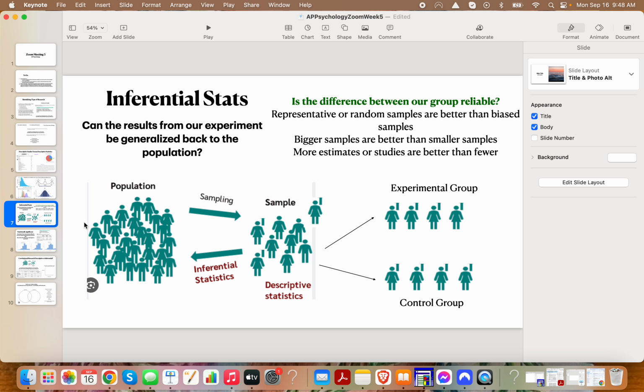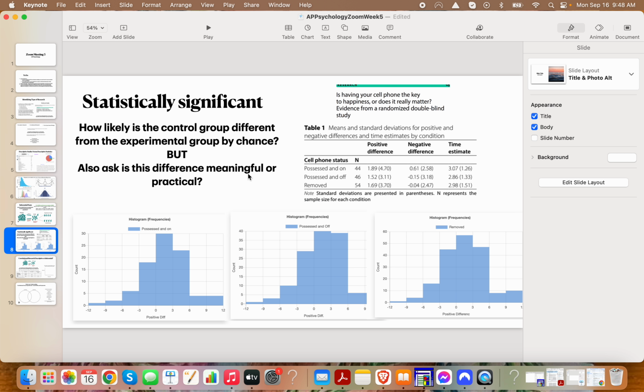Let's say that you were trying to measure, I have a little study here. This one has 3 groups. So in one group, they got to have their phone with them, that's the possessed. So their phone was with them and it was turned on. There were 44 of those people. The average positive emotional change as measured by a survey was 1.89.